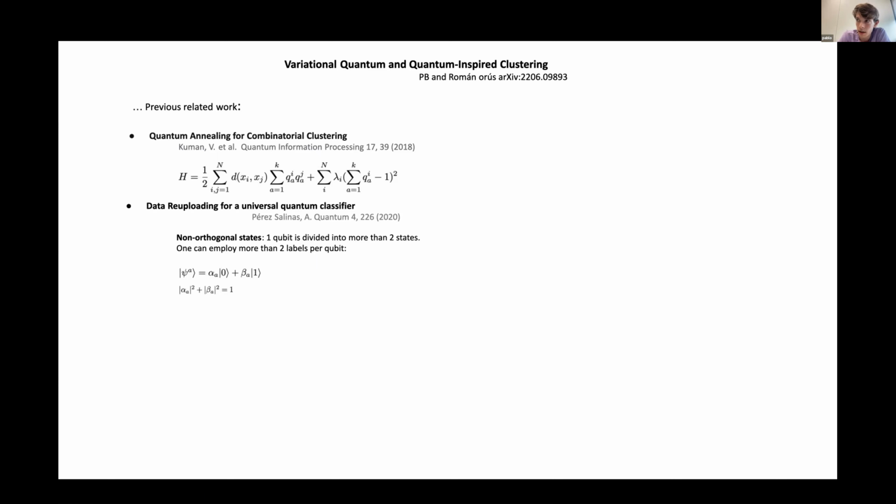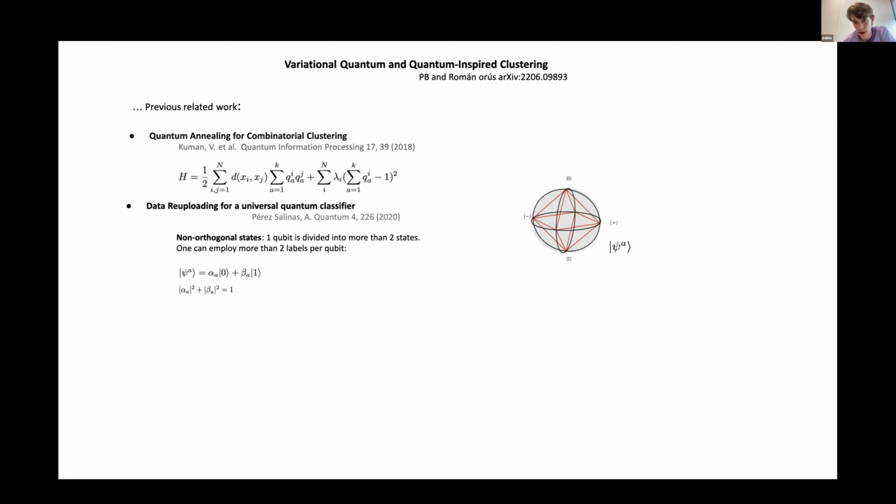But in fact, I tried out that idea in my unsupervised clustering, and it didn't work. However, I could take a different idea from that paper, which is the one related to non-orthogonal states, the fact that you can encode more than 2 states per qubit, so that you basically try to take advantage of the whole surface of the Bloch sphere.